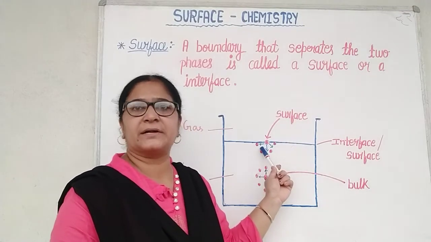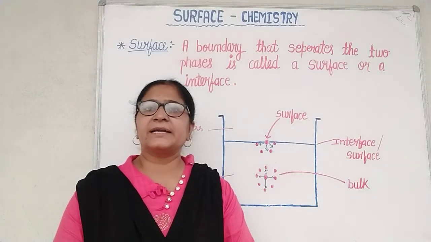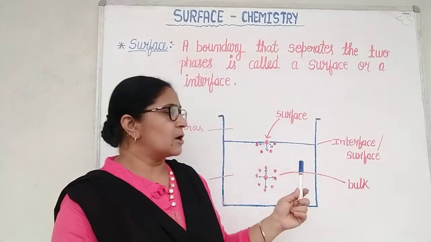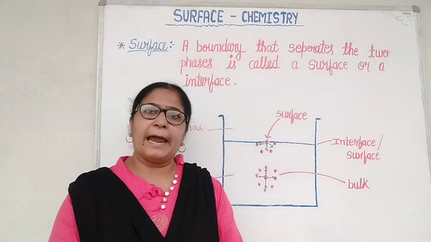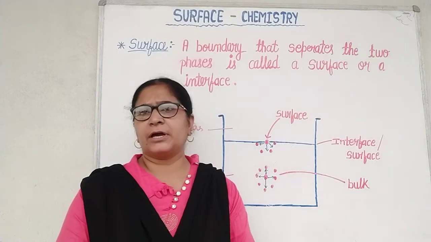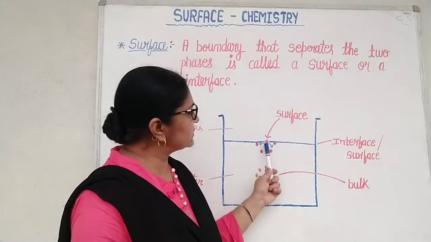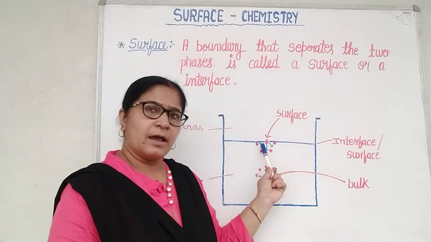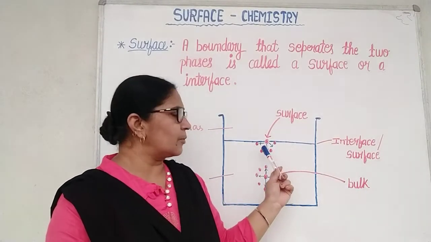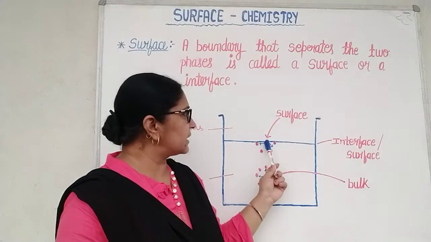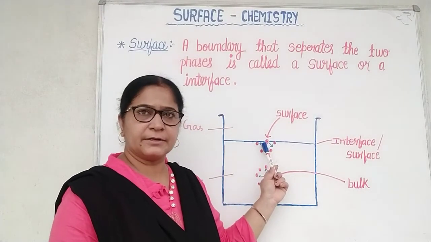Surface particles means the particles which are present on the surface. So this is the surface. Suppose we have considered a particle, and I have represented it with a dot over here, right? This is the surface particle.